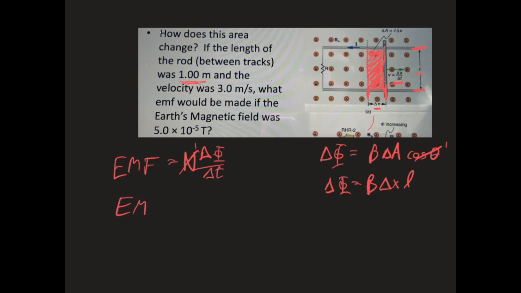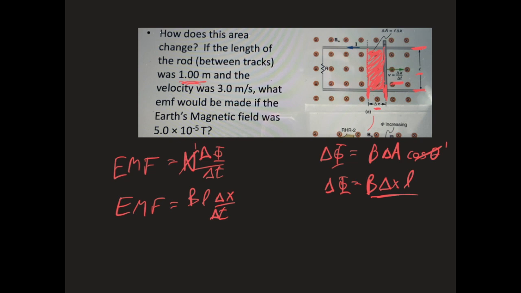So EMF equals delta phi over delta t, but delta phi is this stuff. So EMF is going to equal that stuff, which is B times L times delta x, all that divided by delta t.